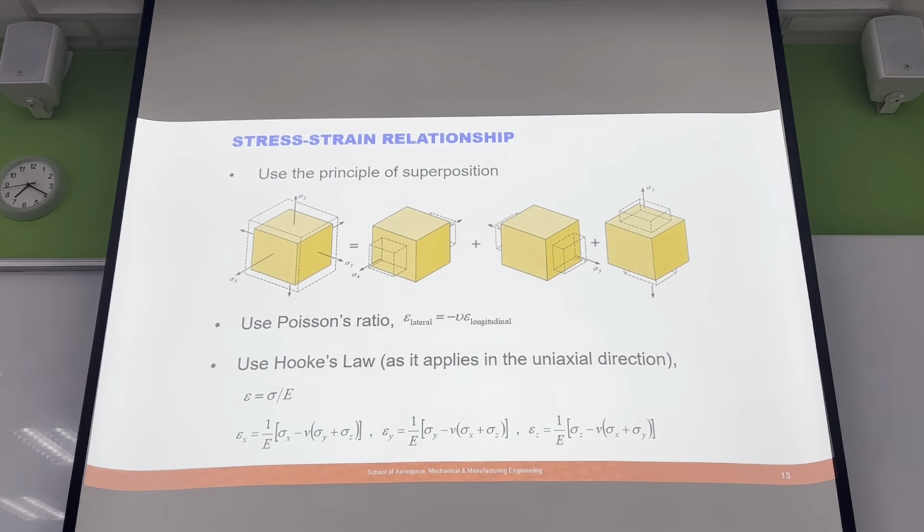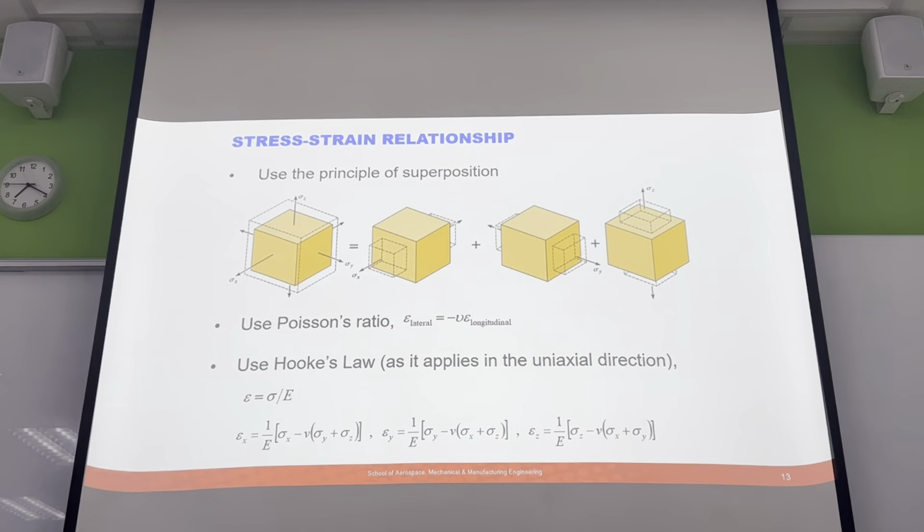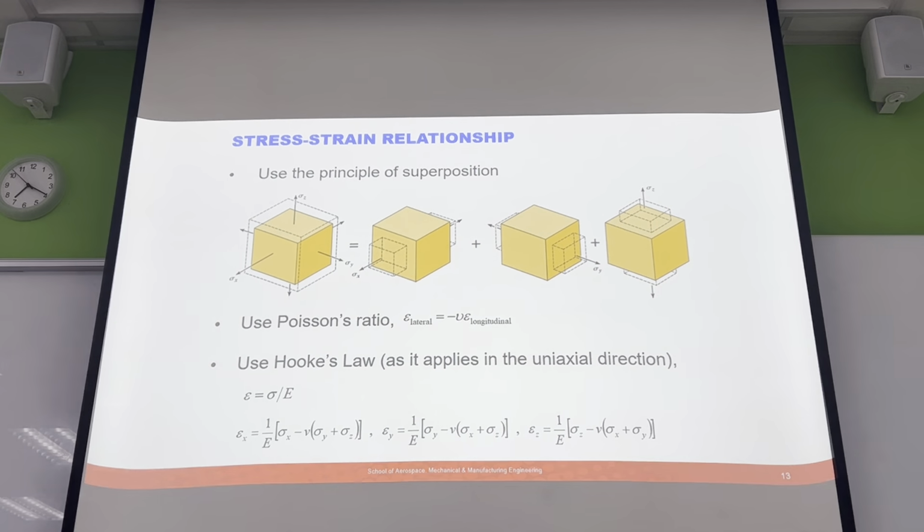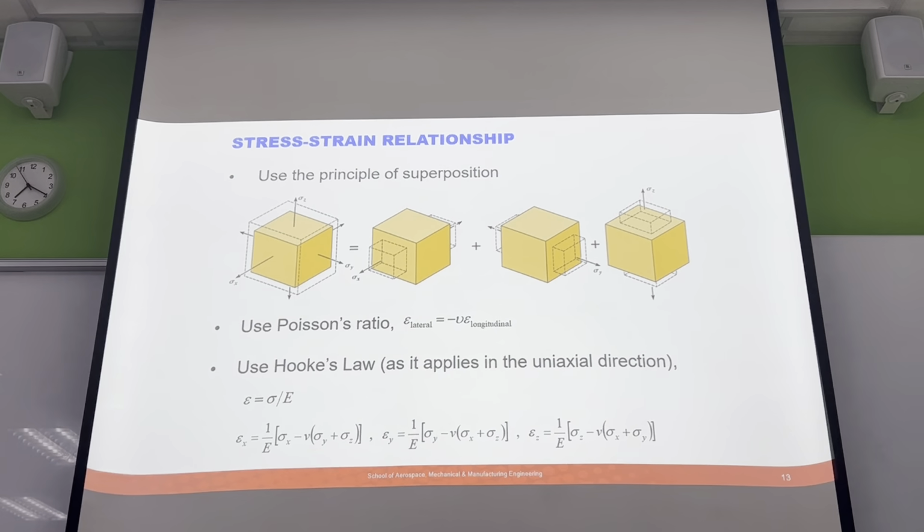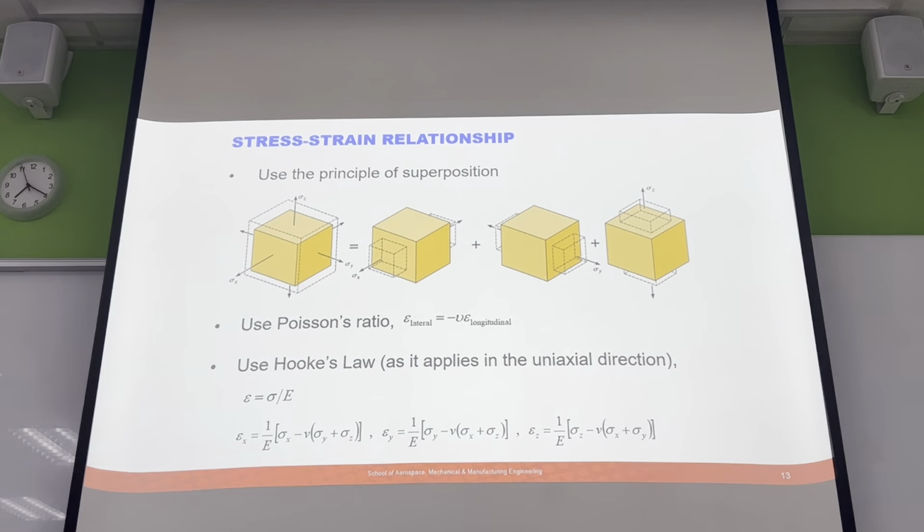Just before I go back to the other point, Poisson's ratio can have values between 0.5, so half, and -1. The vast majority of materials we deal with have values somewhere between 0 and 0.5.